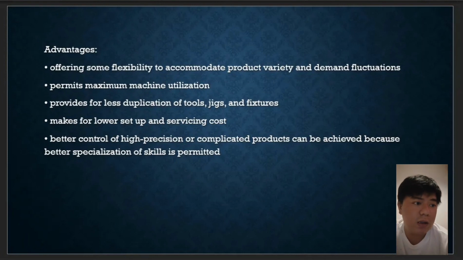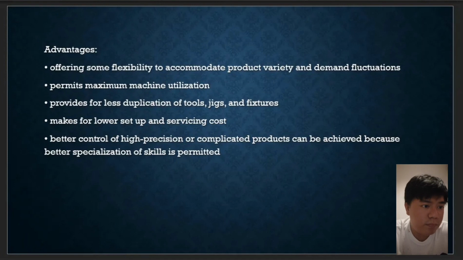Number 3, it provides for less application of tools, jigs, and fixtures. Number 4, it makes for lower setup and receiving cost.